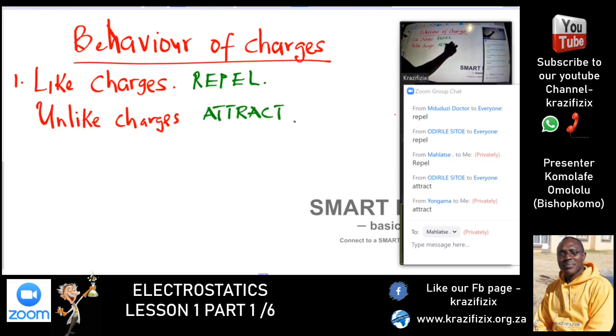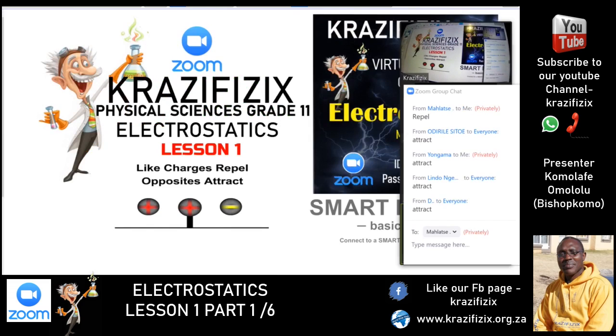If I take you back to my home page where I started this class from, you would see, thank you guys for answering. Grade 11, that's what we do. We answer. You just type a message. Can you see that thing playing there? You have a positive and a positive. Do you notice it's moving away while the negative is attracted towards the positive?